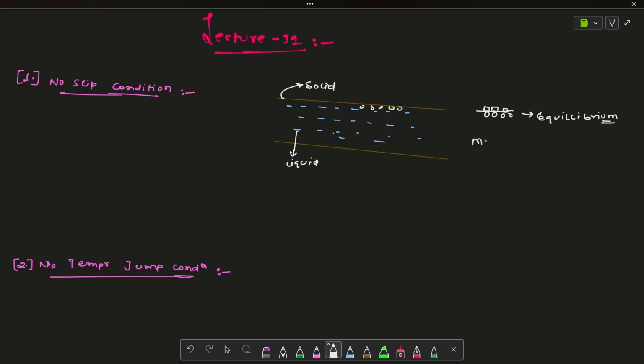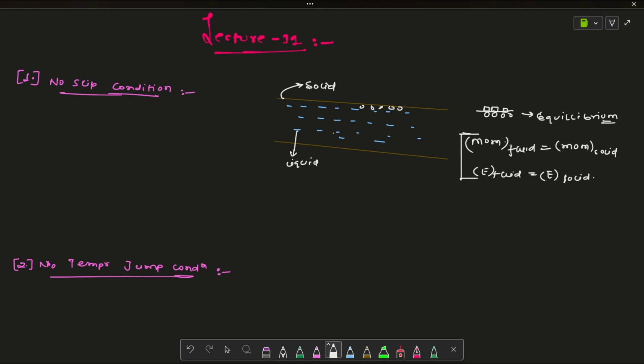I want to say that the momentum of the fluid is equal to the momentum of the solid, and the energy of the fluid is equal to the energy of the solid. For tending to equilibrium, these two conditions have to be satisfied, so that we can say that after molecular interaction both are tending towards equilibrium. So all liquids essentially are in equilibrium with the surface they contact.